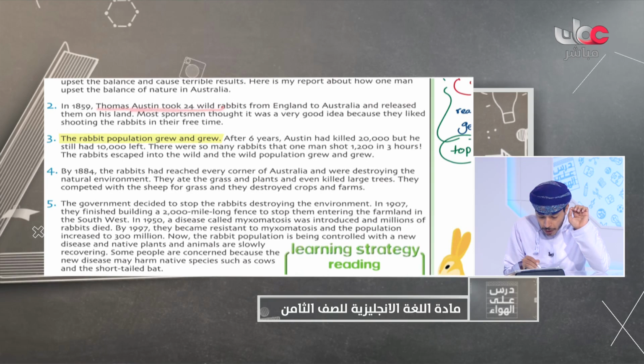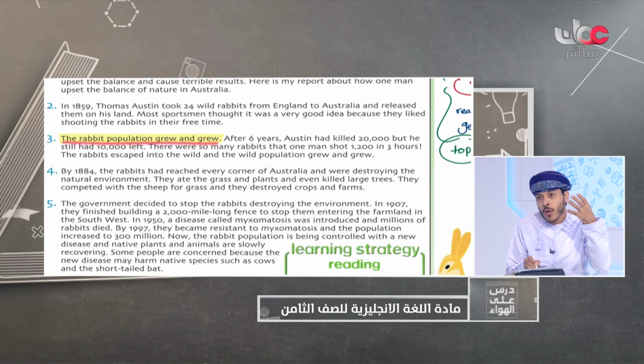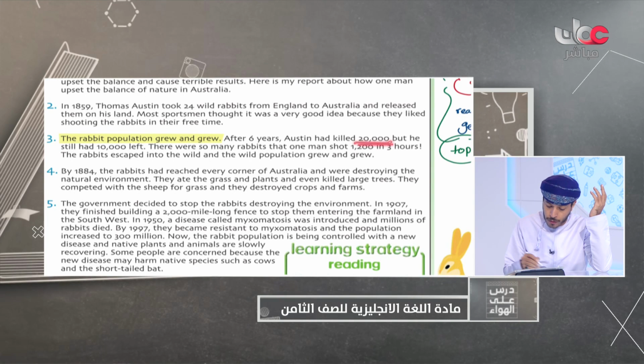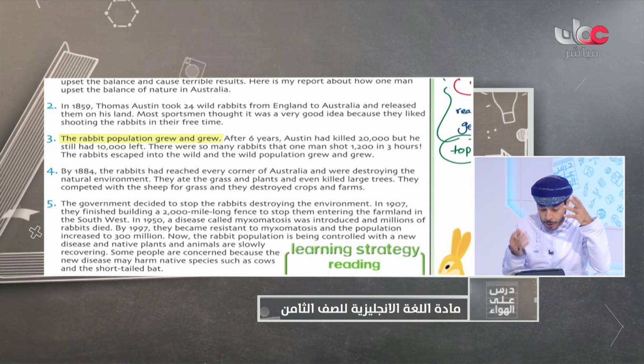There are only 24 rabbits. But then the rabbit population grows and grows. So here we are talking about the number 24 has grown up to reach different numbers. Okay? 20,000. We have 10,000. Okay, so here we are talking about thousands, so it's a big number.